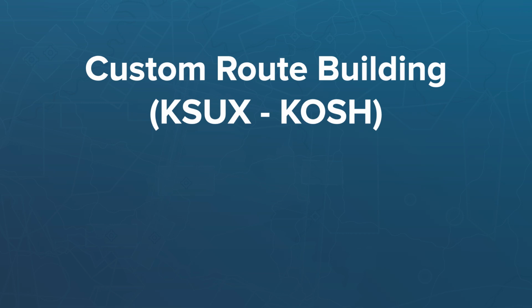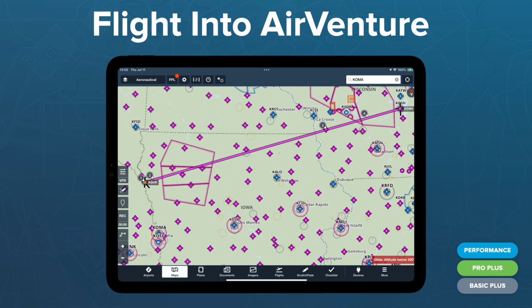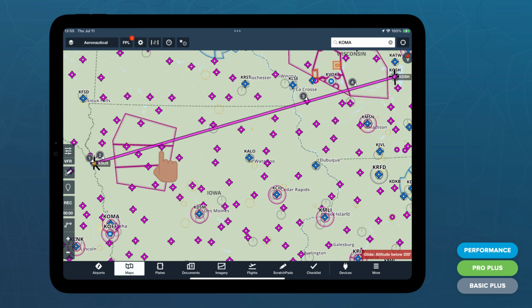I'm going to build my route out to match my FISK arrival instructions in the AirVenture notifications. I'm starting with just a direct route from Sioux City straight into Osh, nothing fancy. I hit 2 airports, departure and destination, and that's automatically populated.